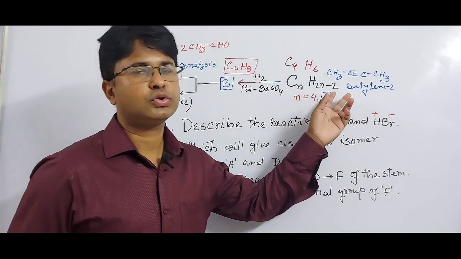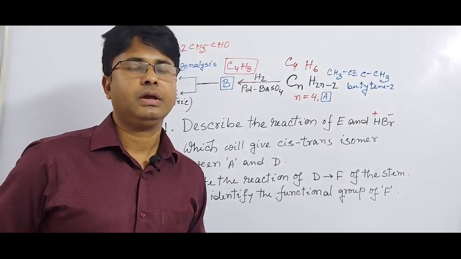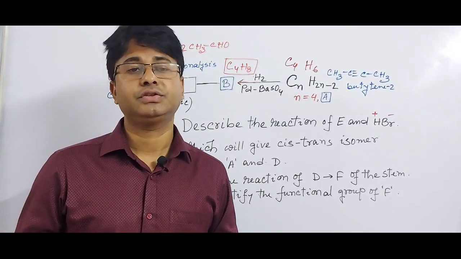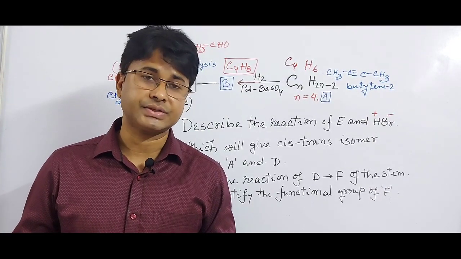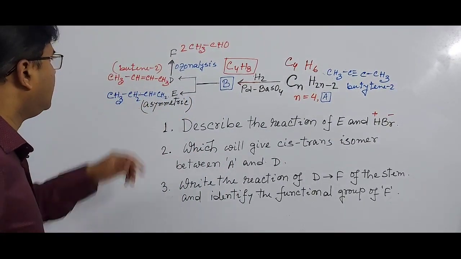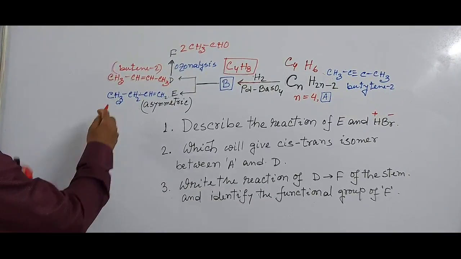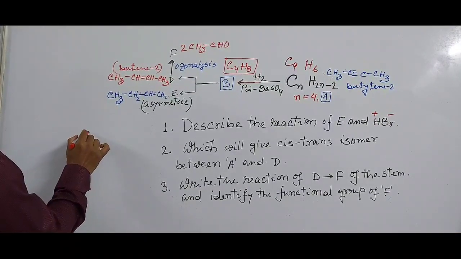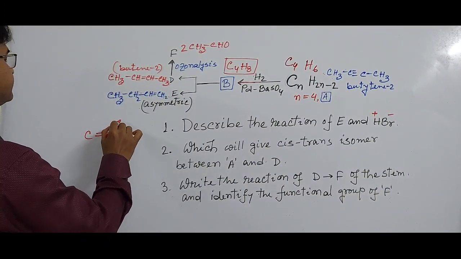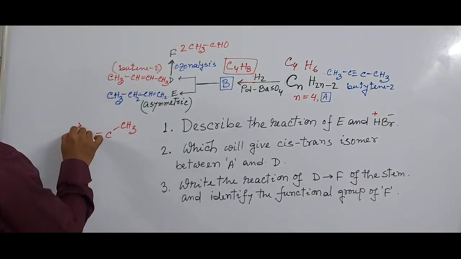Students, normally you know that carbon-carbon double bonded compounds show geometrical isomerism due to restricted rotation, and in that case, of course, at least 2 groups of the double bonded carbons must be different. In that case, they can show geometrical isomerism, I mean cis-trans isomerism.